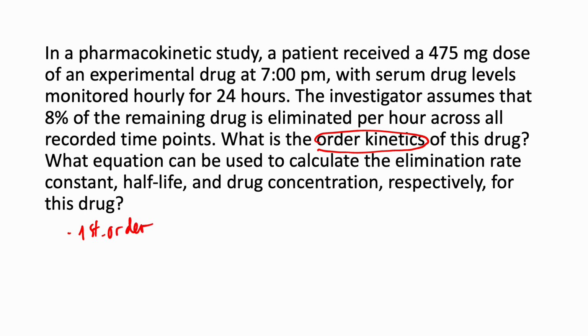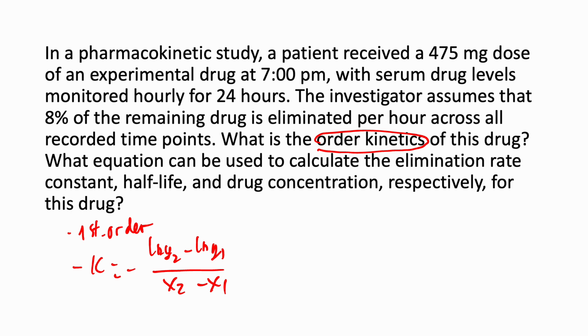this drug. So for the first order kinetic, what equation can we use to calculate the elimination rate constant? For first order, K equal to negative value of natural log of y2 minus natural log of y1 divided by x2 minus x1. Y is a represent for the drug concentration or drug amount, and x is the time value.